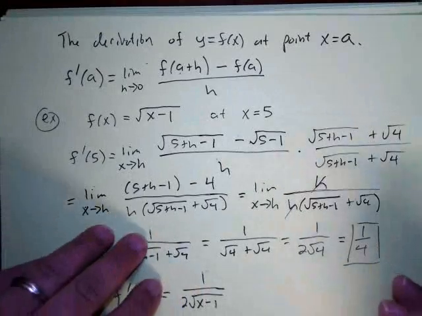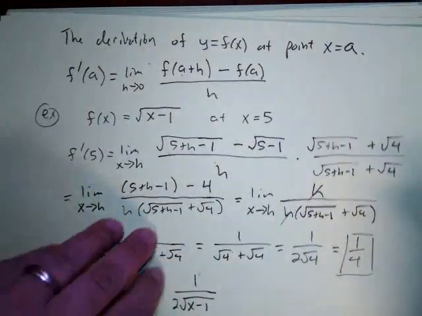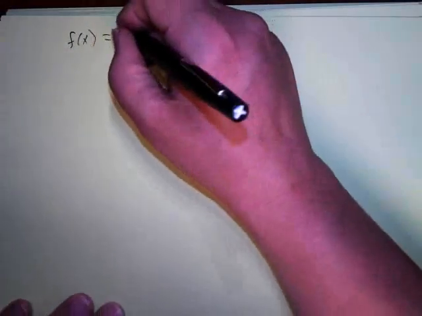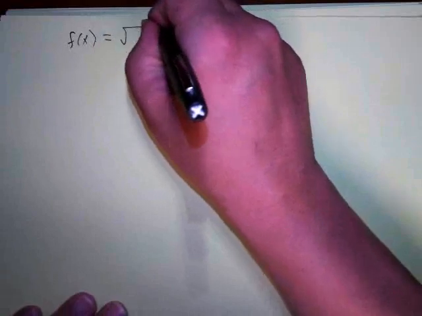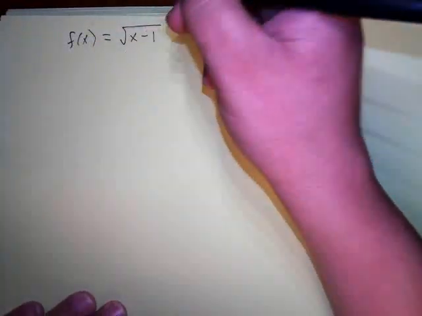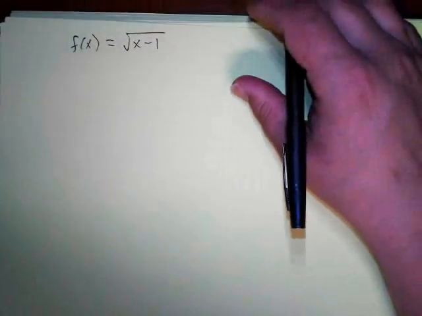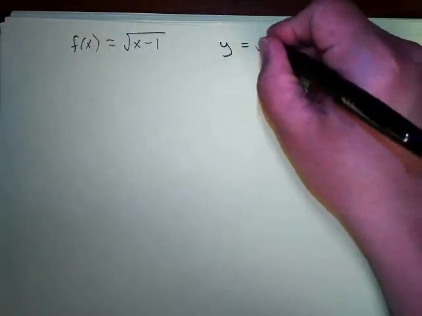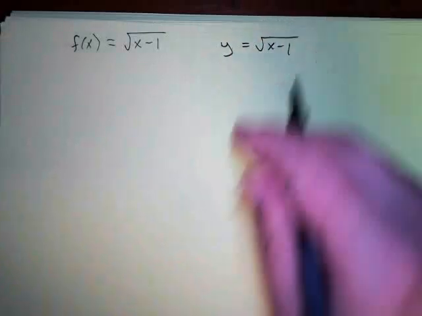This is, and I'll move this, and we'll use this as an example. So let's say we have f of x is equal to, let's say, the square root of x minus 1. We could also think of that as y is equal to the square root of x minus 1.